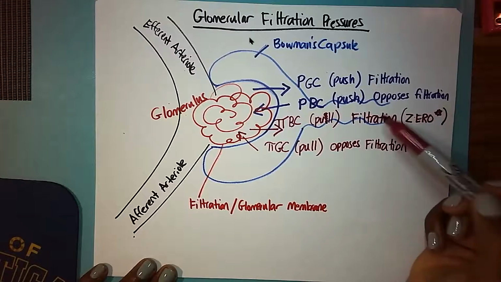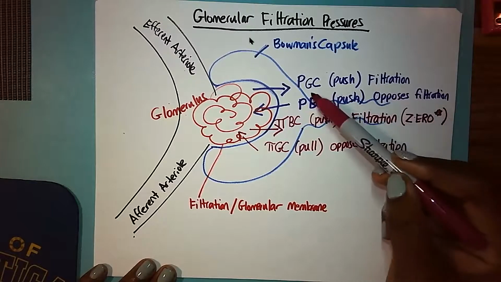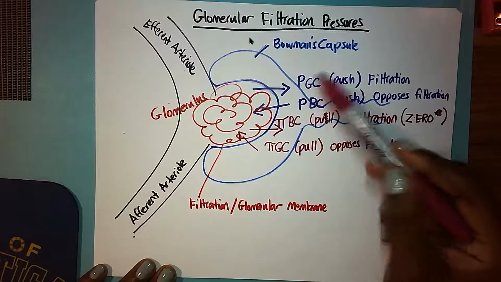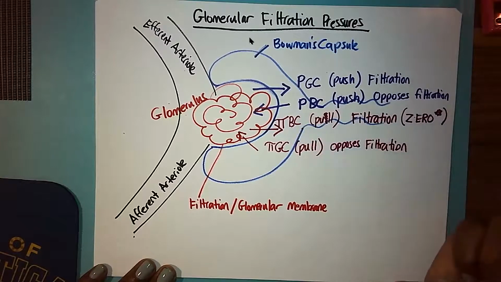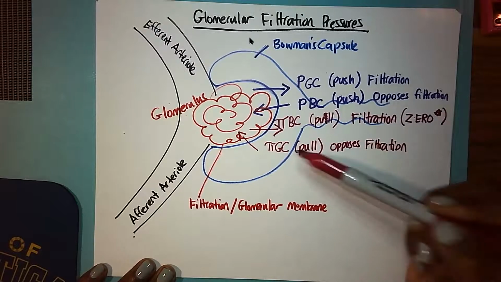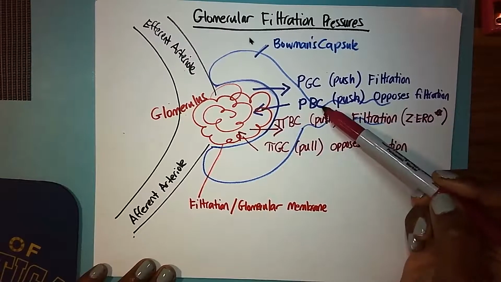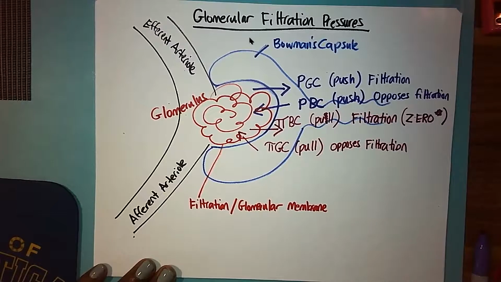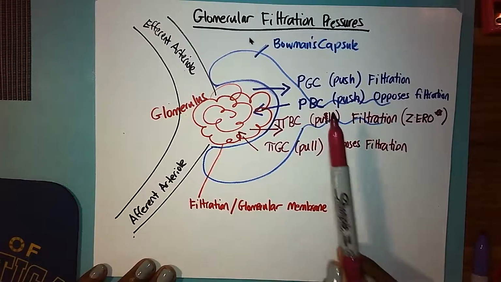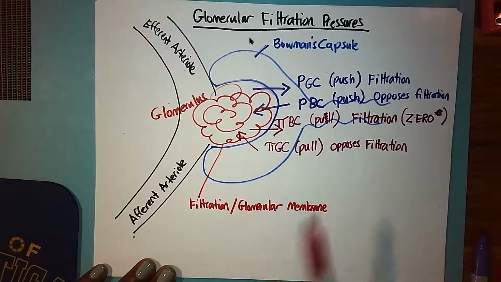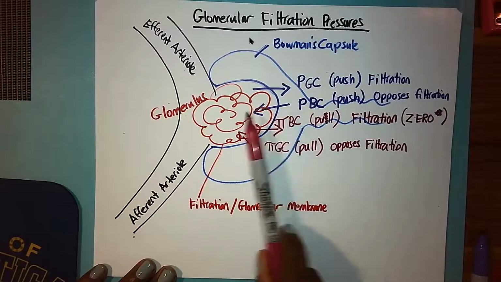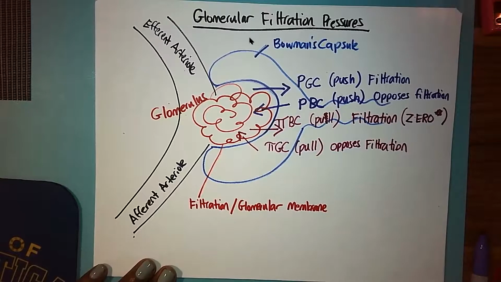Okay, so we have two forces that favor filtration, our glomerular capillary hydrostatic pressure and our Bowman's capsule oncotic pressure, and then two forces that oppose filtration, which are the glomerular capillary oncotic pressure and the Bowman's capsule hydrostatic pressure.